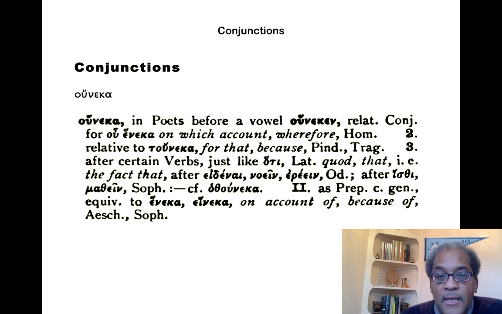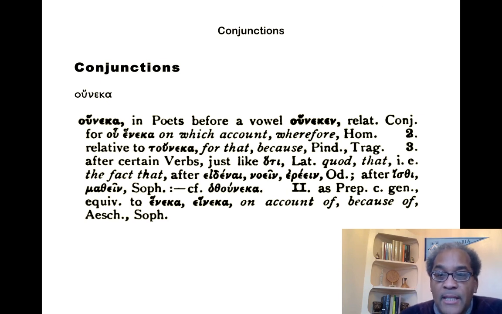After eidenai, noein, legein, to know that, to think that, to say that: eidenai hoti, noein hoti, legein hoti. And after iste, and mantain. Iste, know that. So after certain verbs, hunica can be used in the same way.